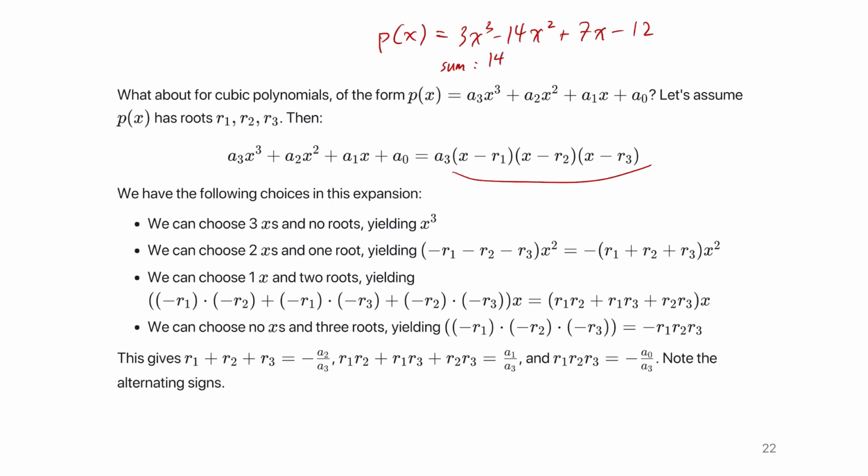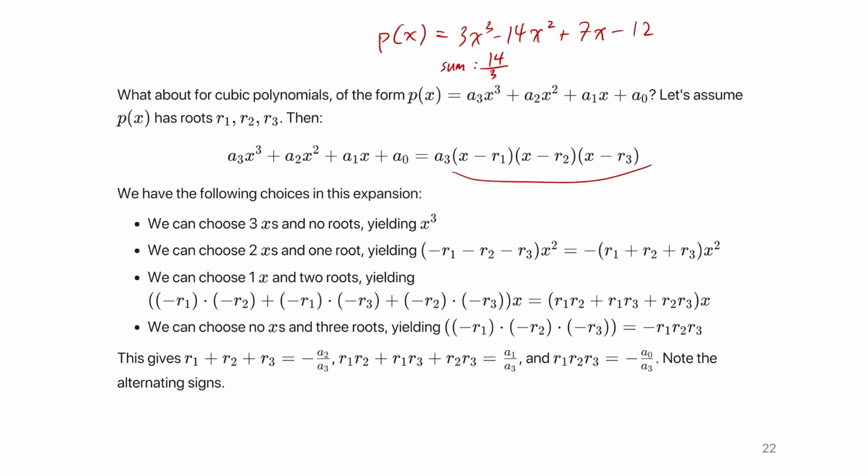So the sum of the roots, and this is the biggest thing you probably have to remember, is always negative the coefficient of the second highest term divided by the coefficient of the highest term. If we instead had a polynomial of degree 100, the sum of the roots would be negative the coefficient on x to the 99 divided by the coefficient on x to the 100. Is that clear? This pattern will keep on repeating, and no matter what, the sum of the roots will be the negative of the coefficient of the second highest term divided by the leading coefficient.